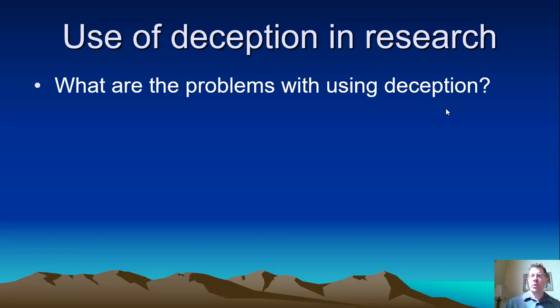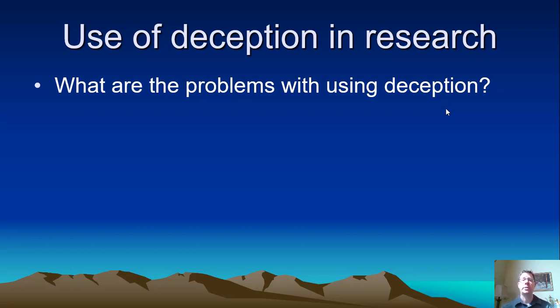One of the arguments for that is that if you use deception, you truly can't get true informed consent from your participant, because they can't consent if they don't know exactly what the study's about. I think that's a pretty conservative interpretation of informed consent. I don't think that's necessarily what's meant by it.